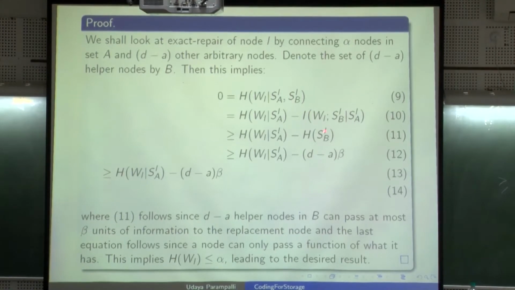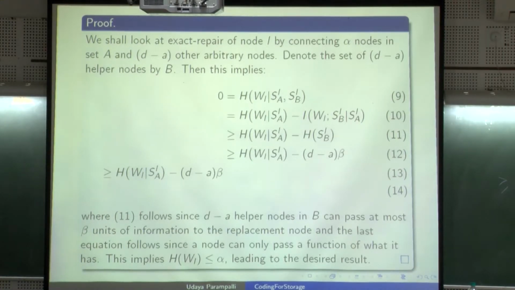You can see that this one comes because each node can only give at most beta units, but this is the same because whatever S_AL elements come are all contents of the variables in set A. So H has to be greater than or equal to H of W_L given W_A. Beta units of information, and the last equation follows since a node can only pass what it has.